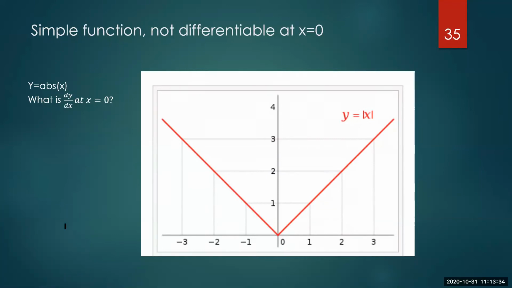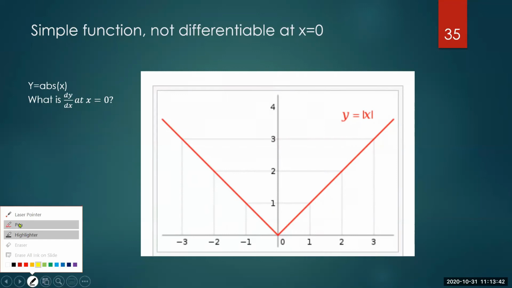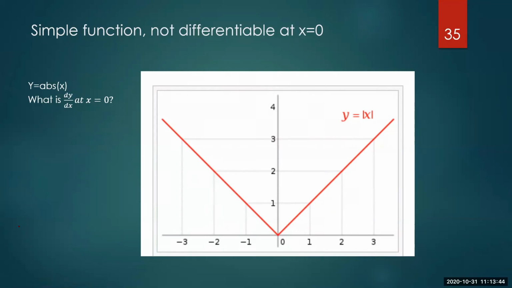And the answer is, it's not differentiable at x equal to 0. The reason for that is that we do not know the slope of the tangent to this function when x is equal to 0. This line here is a bit terrible because I'm just using my mouse.